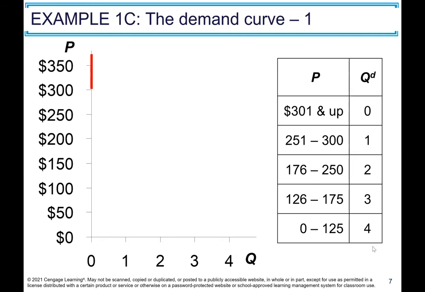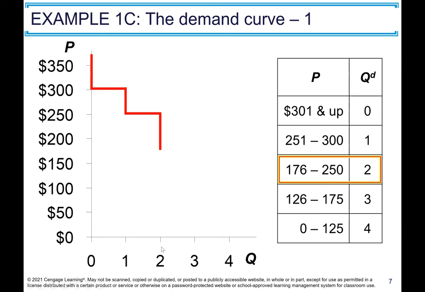At $301 and above, there will be nobody: zero quantity demanded. When the price is between $251 and $300, one will be demanded. When the price is between $176 and $250, two will be demanded.